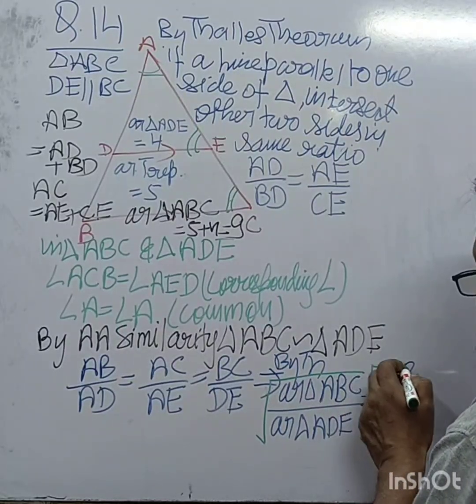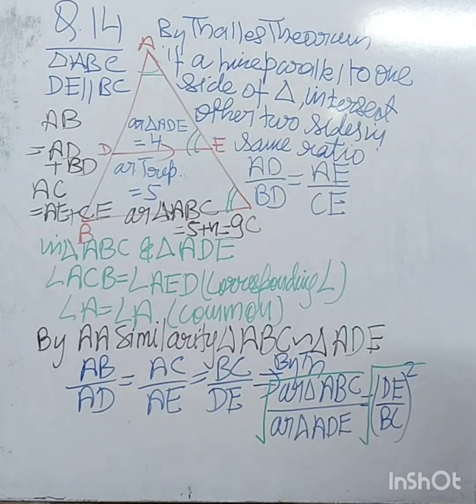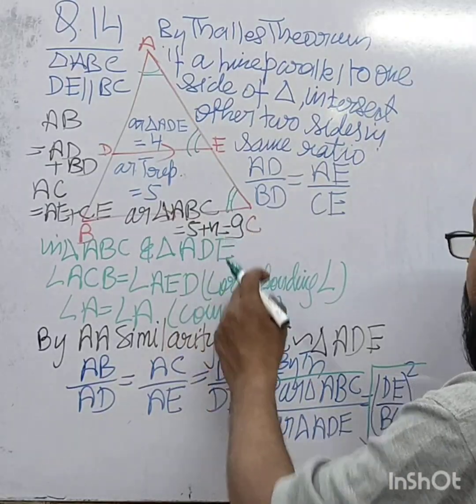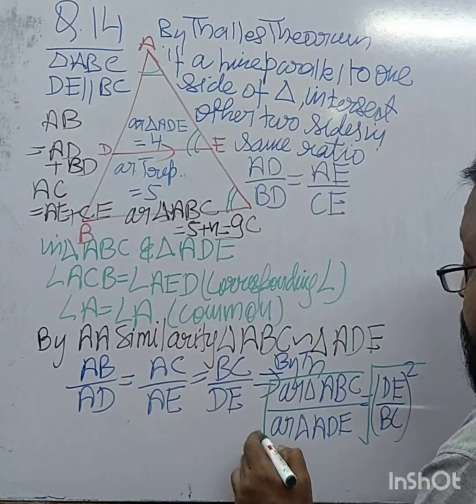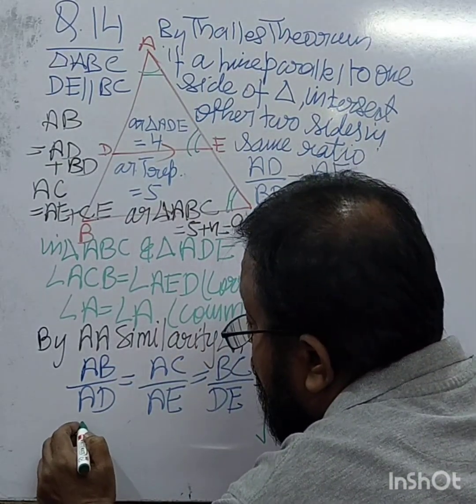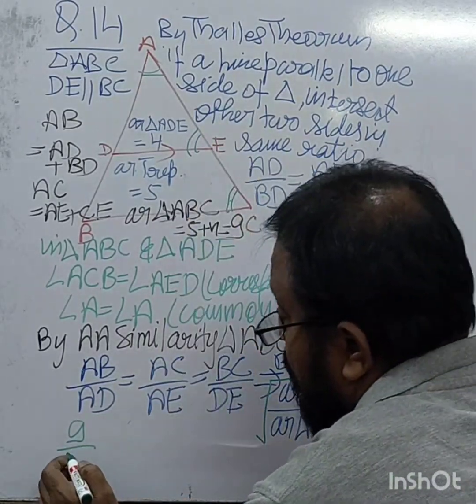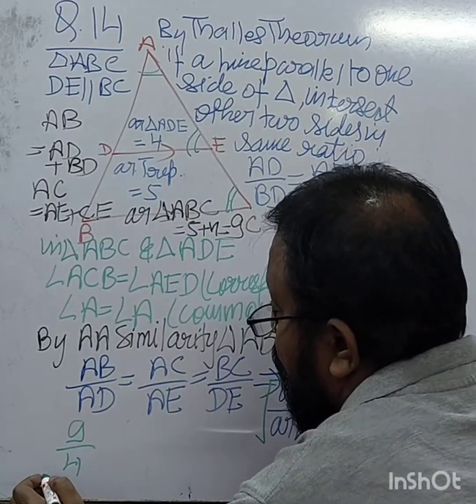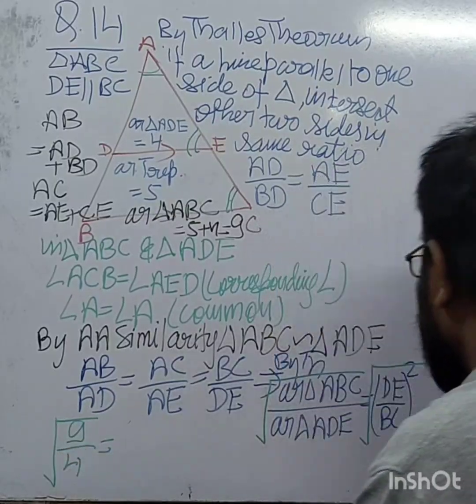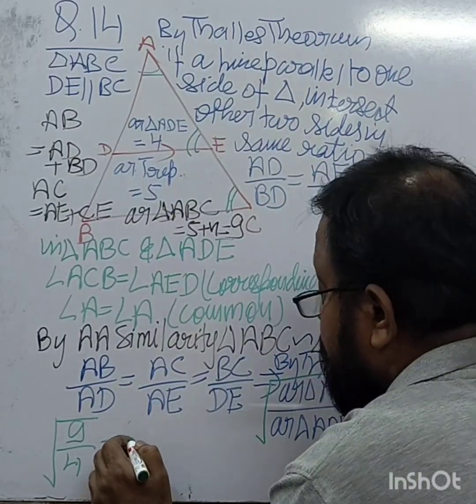We take the root over. What is the value of ABC? 9. So you can write here 9 upon 4, root is equal to 3:2.